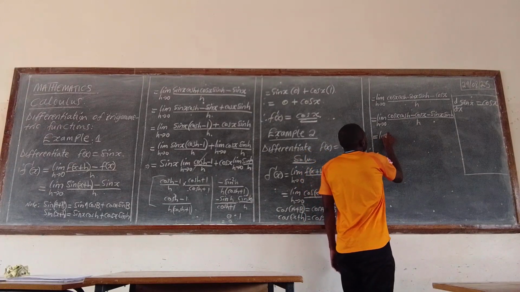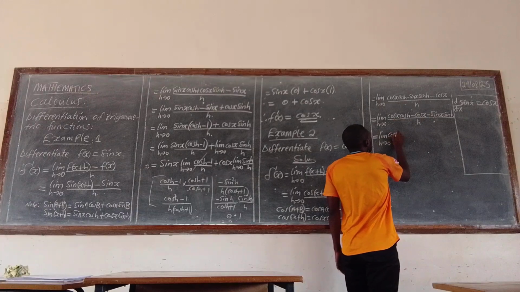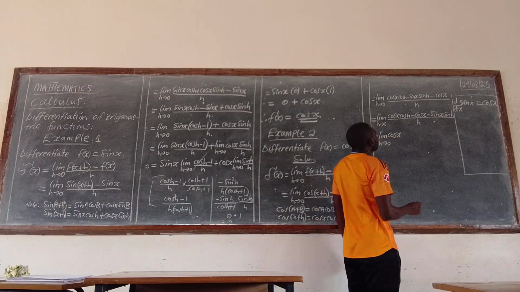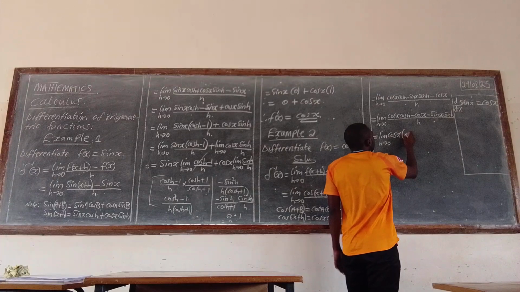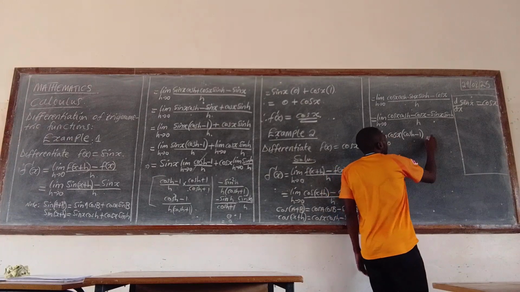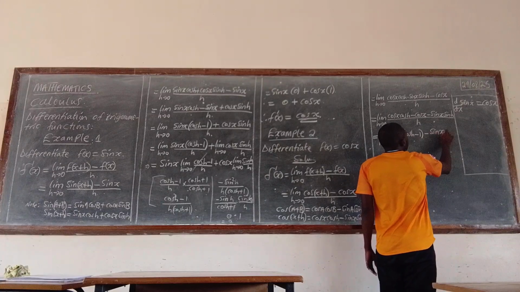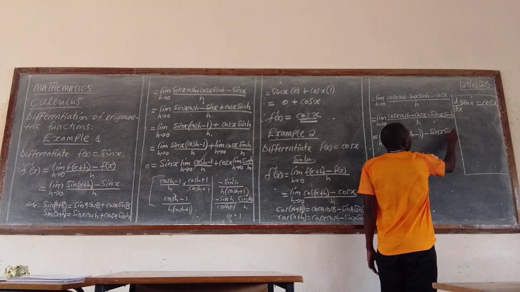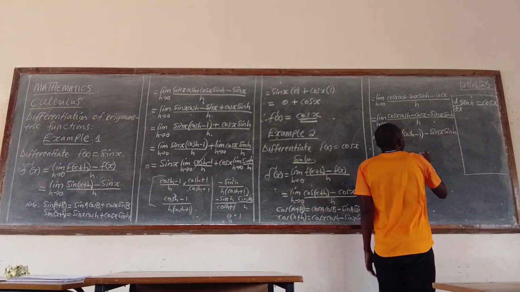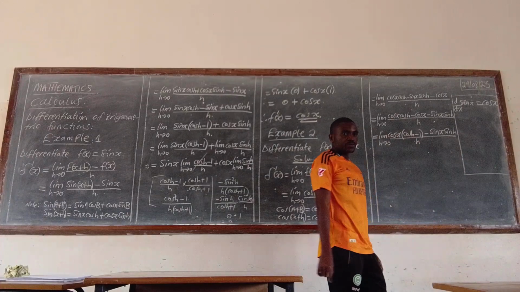We have the limit as h approaches 0 of cos x, then we are remaining with cos h minus 1, minus sin x sin h. We divide everything by h.